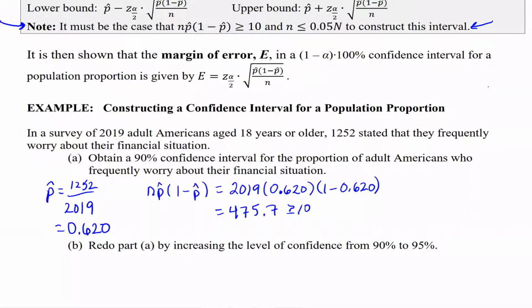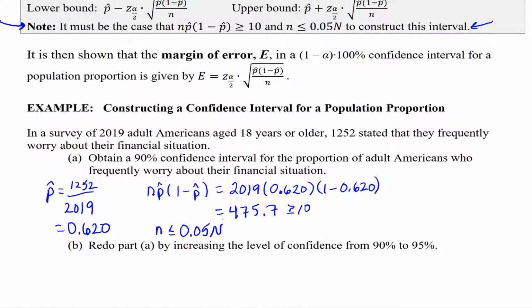That's our normality condition. And then we have an independence condition that my sample size can be no more than 5% of the population size. We don't give you the population size, capital N here, but we know our population is adult Americans. There's probably at least 200 million adult Americans in the US.